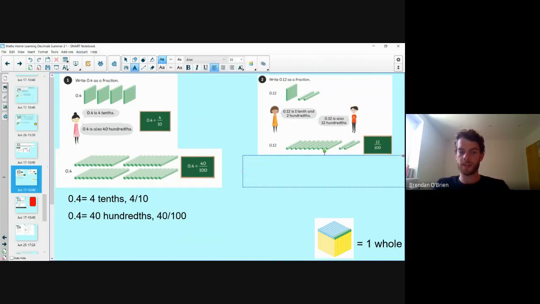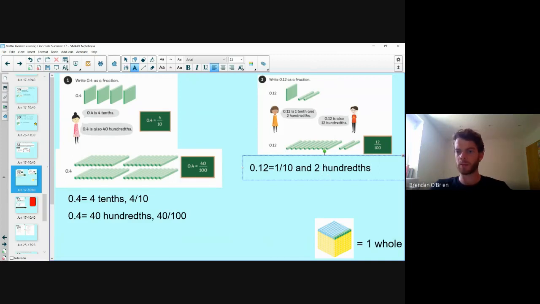We can write 0.12 equals 1/10, I'm just going to write the fractions here for this one, and 2 hundredths. We've got 1/10 and 2 hundredths.